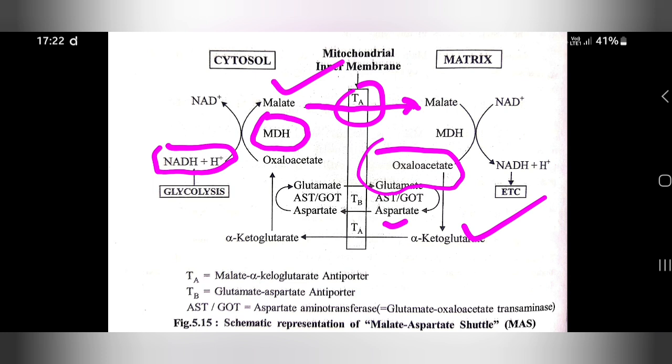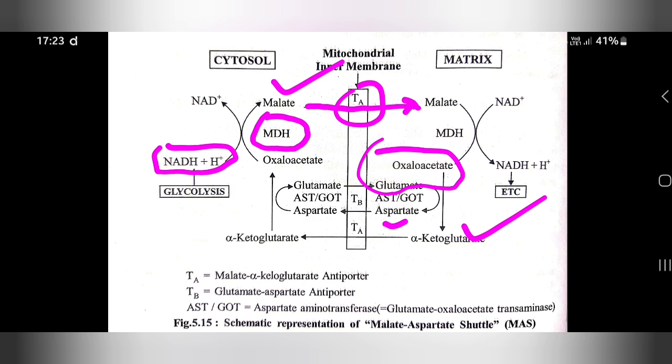Then in cytosol, alpha ketoglutarate and aspartate are again transaminated to form glutamate and oxaloacetate by using aspartate aminotransferase enzyme, and that oxaloacetate again performs another malate aspartate shuttle system.